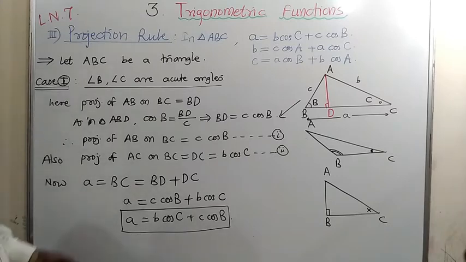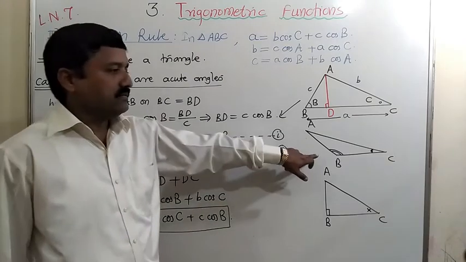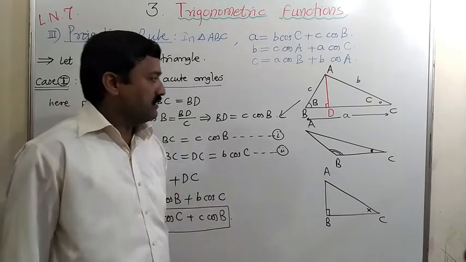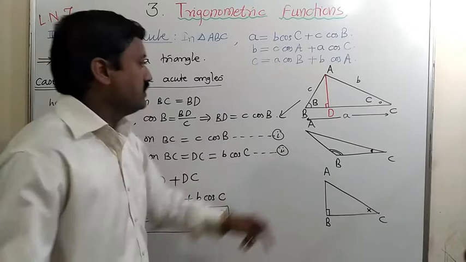Now we will prove the same first result for this triangle ABC, in which angle B is an obtuse angle.